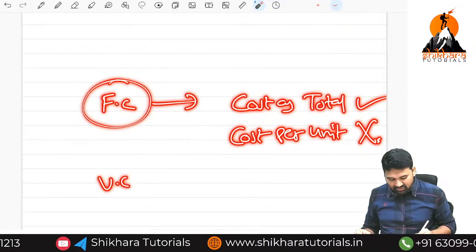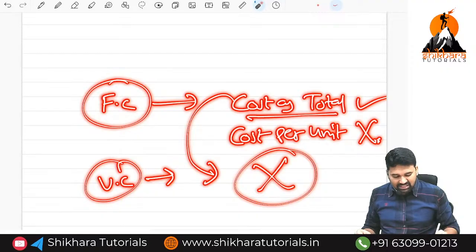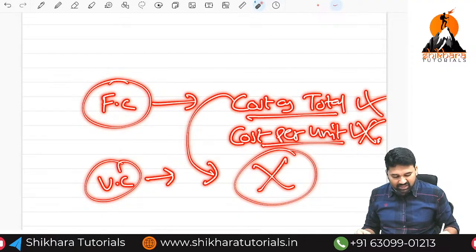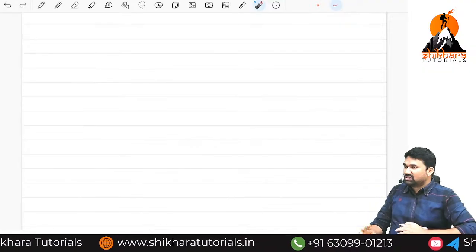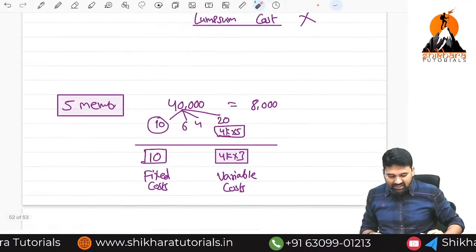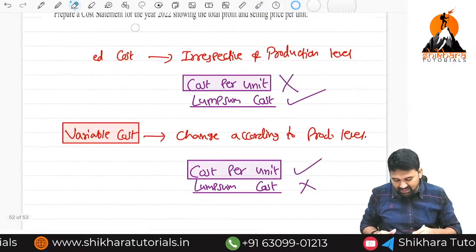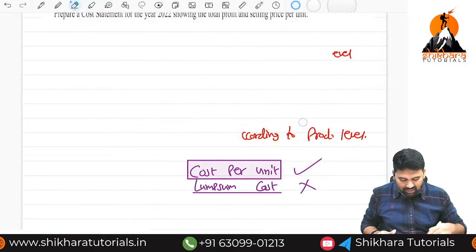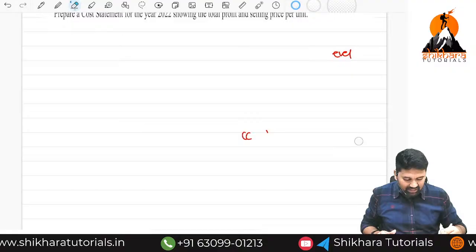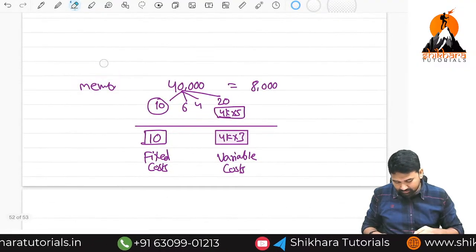And in case of variable cost, the position is quite reverse. Cost as a total is not same. Cost per unit is same. Clear? Sir, why we are discussing all these points is that in the given problem, he has told us about fixed cost and variable cost. I hope everybody has written these concepts in your notes. Very good.